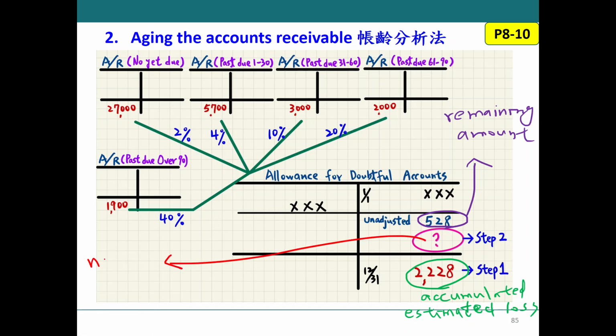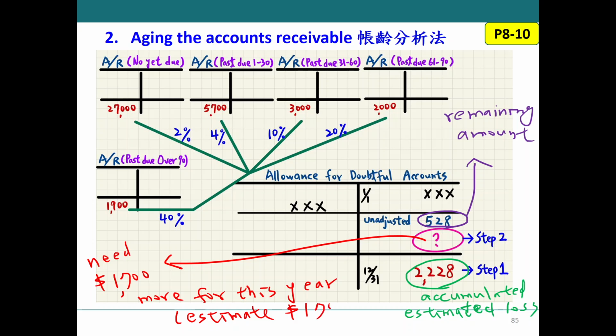So you need $1,700 more for this year. So you need to estimate $1,700 risk. Okay? So, any questions? That's from last week.